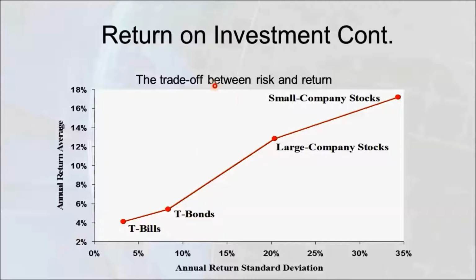When you plot risk and return using the historical information for these major financial instruments in the US, you can see that as risk goes up, return goes up. So what can we conclude? There is a positive relationship between risk and return. If you have higher risk, you have higher expected return on that investment.